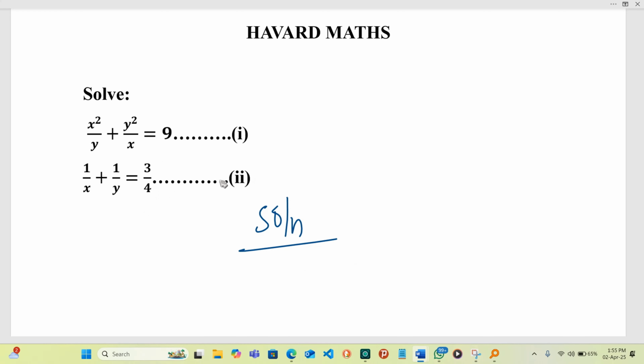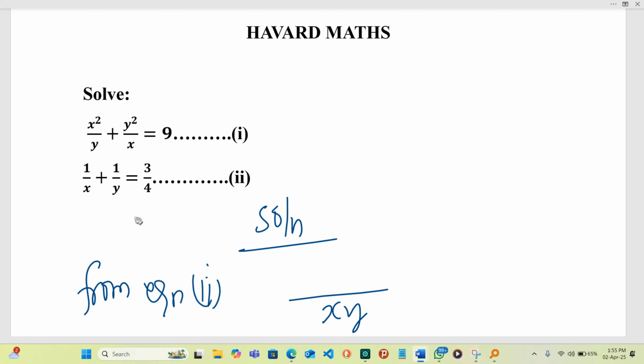So from equation 2, it is the simpler one that we can begin with. We can combine these fractions by looking for the LCM. The LCM is xy.